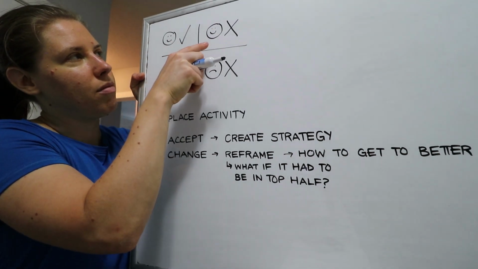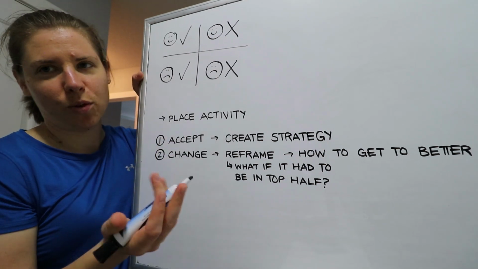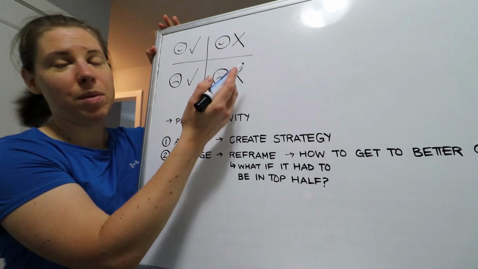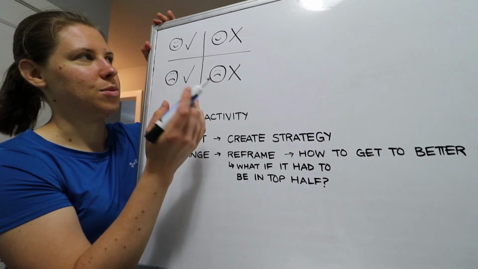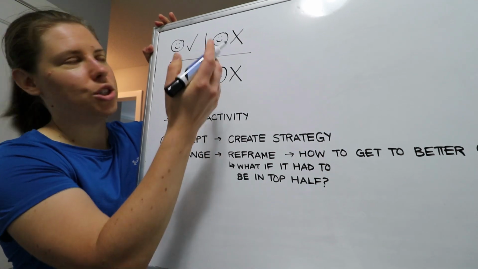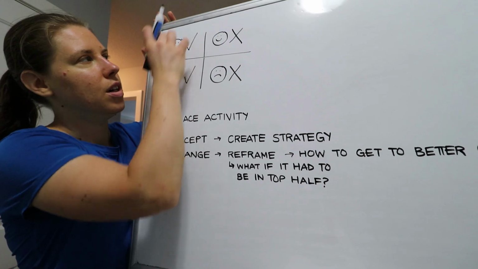The top half is where you're trying to get to, not necessarily the top right, because the top right can be a flow state, or it can just be something that requires more energy, or you can have just a fun, easy task, and that's just as good.